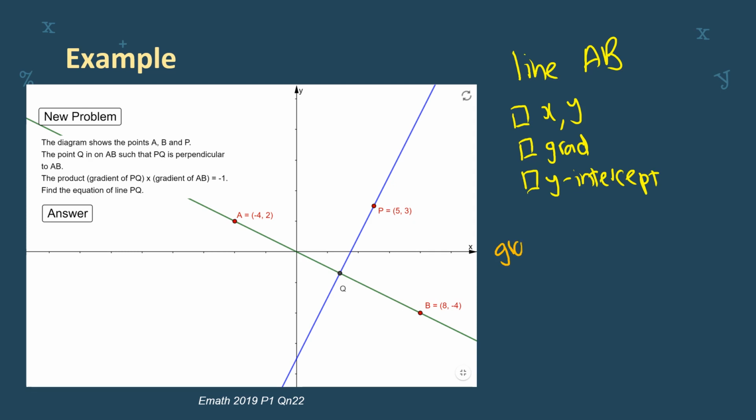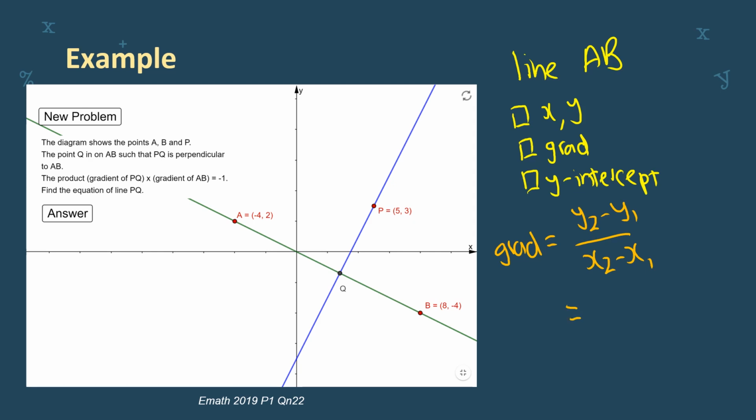So gradient equals y2 minus y1 over x2 minus x1. So we're going to let point A be our y2 and x2 values, and point B to be our y1 and x1 values. So from the graph, we can see that the line AB is actually a downward sloping graph. So from this downward sloping graph, we can deduce that our gradient is going to be negative.